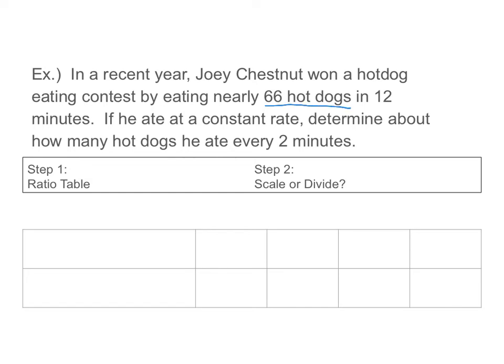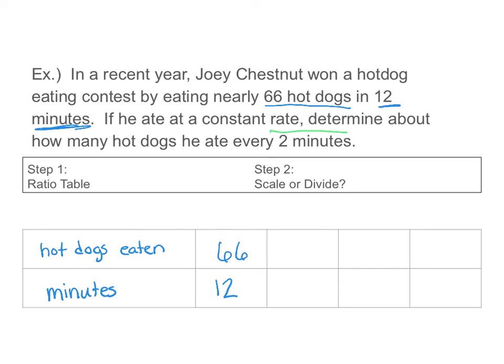So I have 66 hot dogs. This will be hot dogs eaten. And then the next one would be minutes. I have 12 minutes, so I'm going to put 12 here, and I have 66 hot dogs. Now I have to get to 2 minutes.